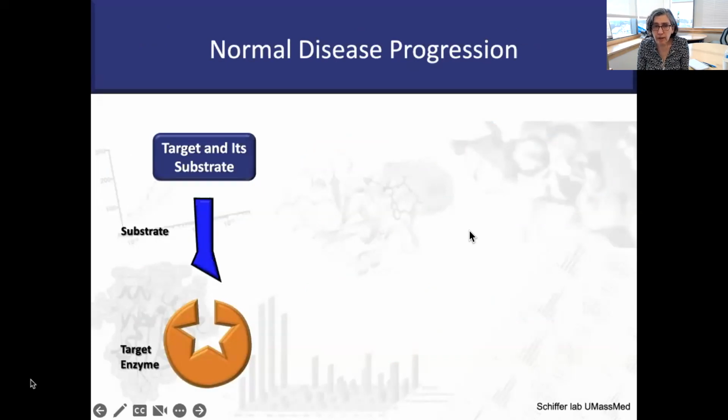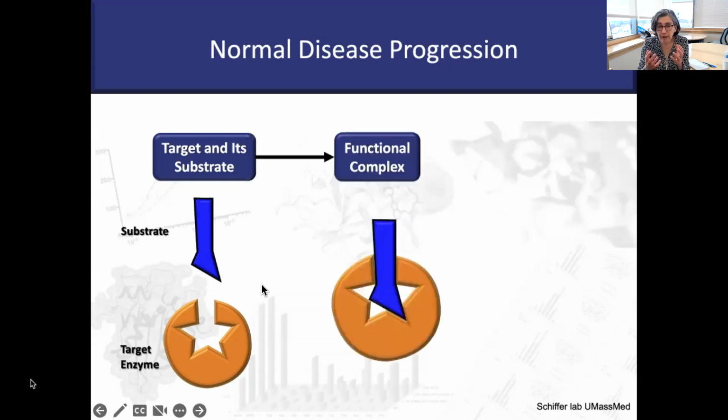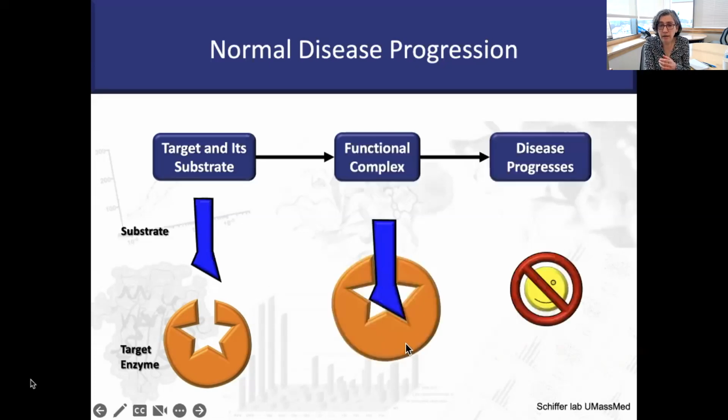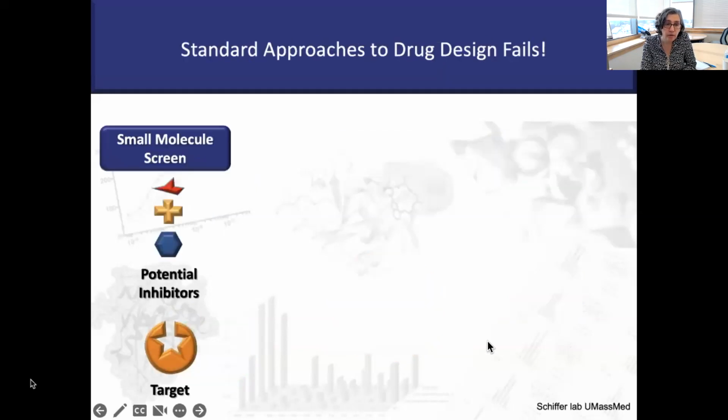So if you think about drug targets and whatever you're targeting, these are often, although not always, enzymes. And these enzymes interact with a particular substrate and form a functional complex. And if this is on a disease pathway, the disease progresses and you have an unhappy patient. If you're thinking about drug design approaches, whether we're doing small molecule screening or experimental or computational, if we're lucky, we get a hit.